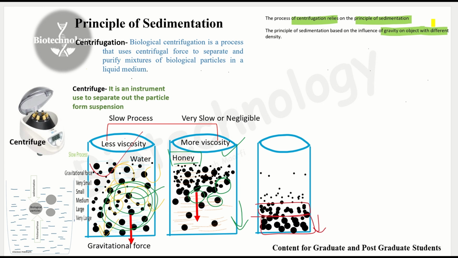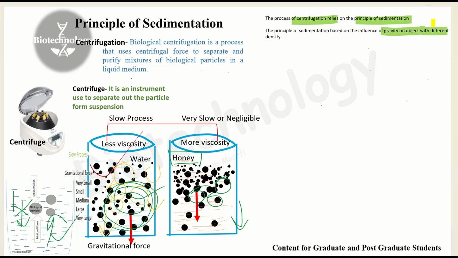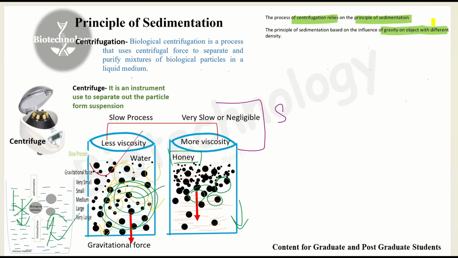Because the viscosity creates a frictional force against the gravitational force, that hinders the settlement of the particle. Since this is a very slow process and is only applicable for the particles having a greater marginal density than the medium in which it is suspended.